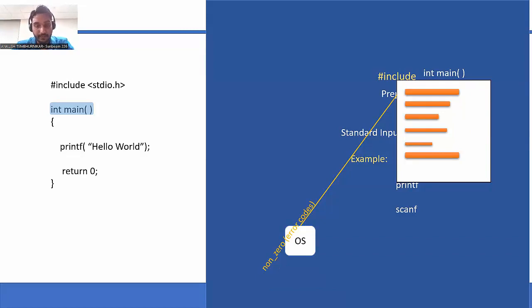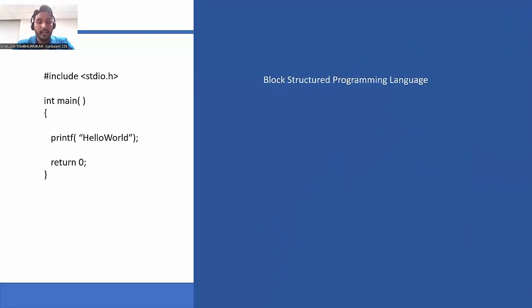Since C is a block structured programming language, the statements are grouped together to achieve a specific task, and we use curly braces to group them all. If you see an opening curly brace, it means the starting point of the block.